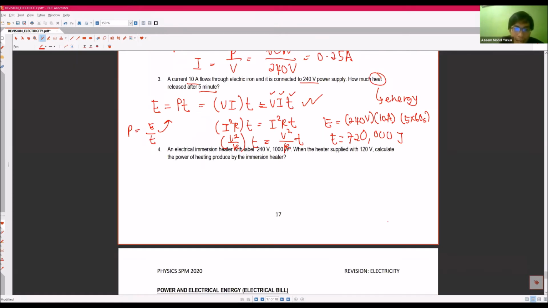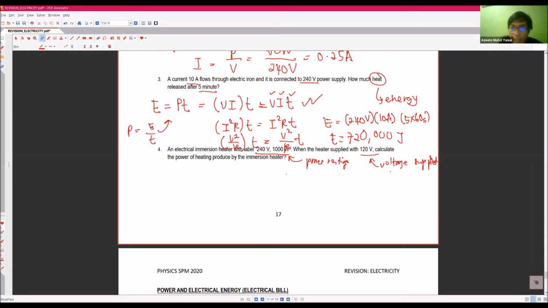For the electrical energy question, this is the power rating. When the supply is 120 volts, so this is the voltage supply, as we can see, the voltage supply is not equal to the rating.